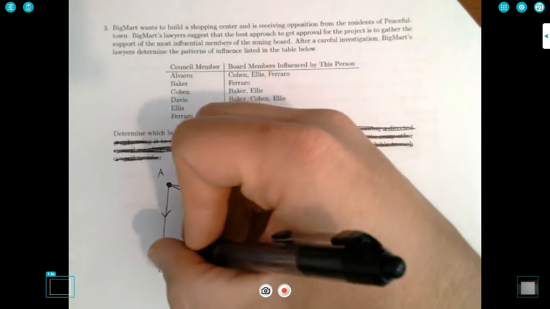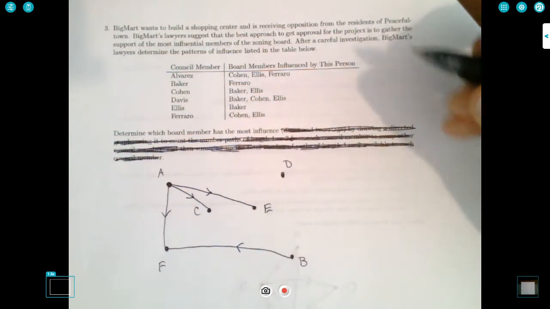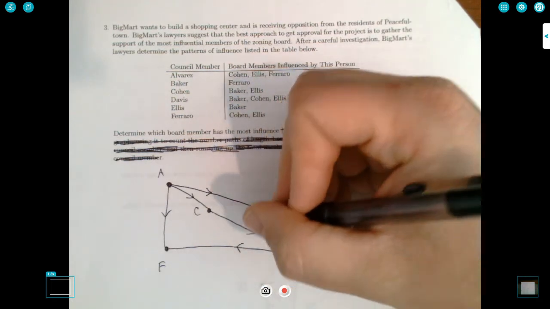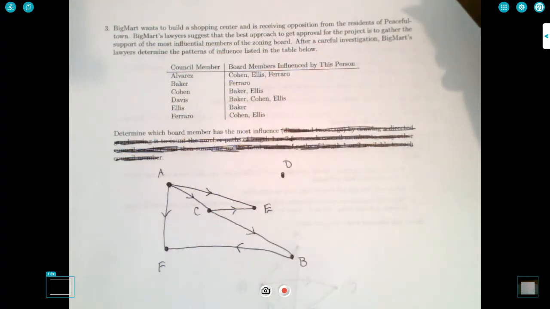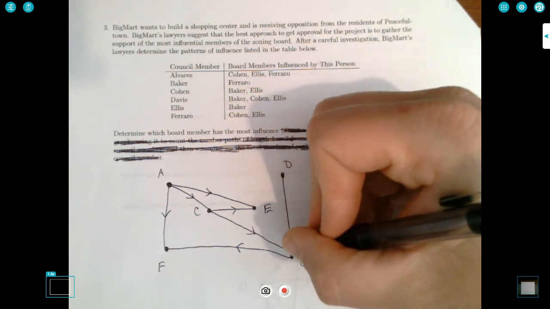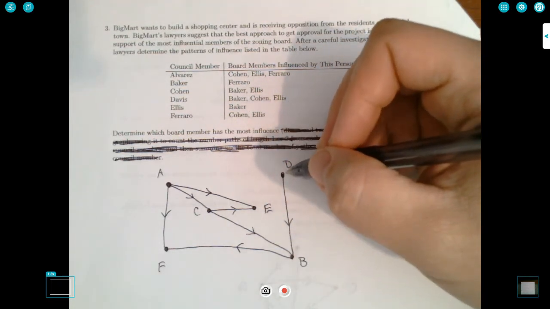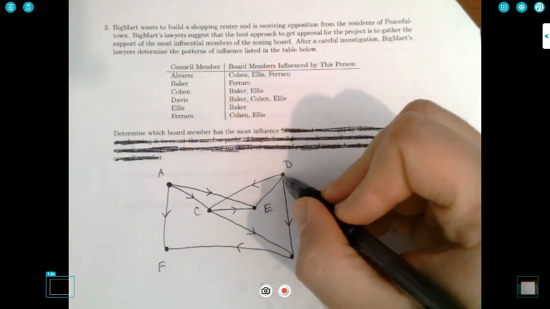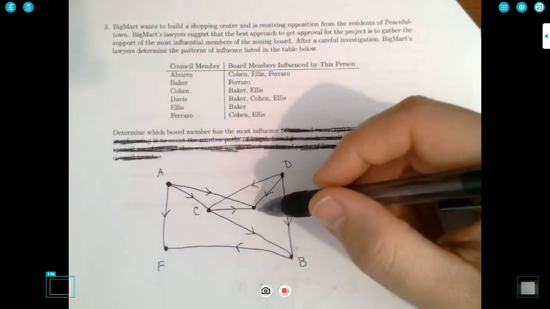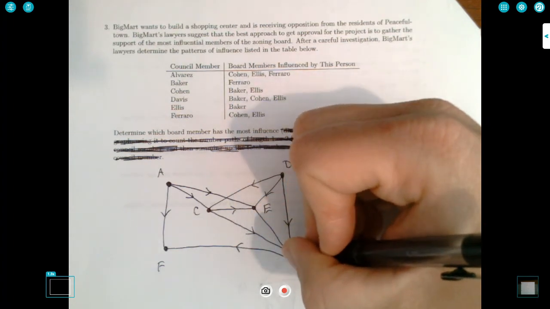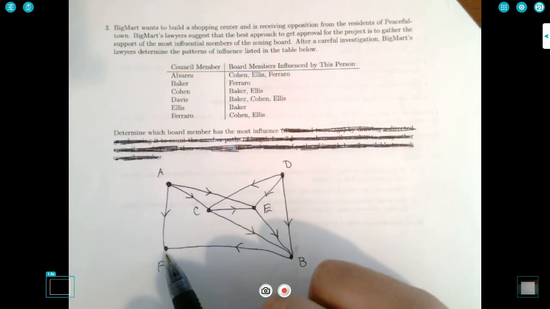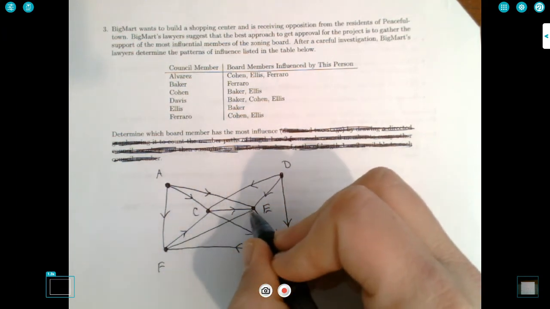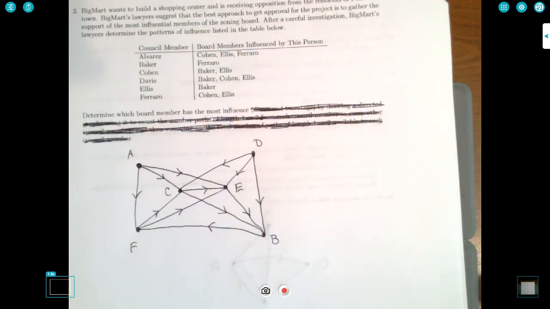B has influence over F. C has influence over B and over E. D has influence over B, C, and E. E has influence over B, and F has influence over C and E. Okay, so there's the graph that I'm coming up with.